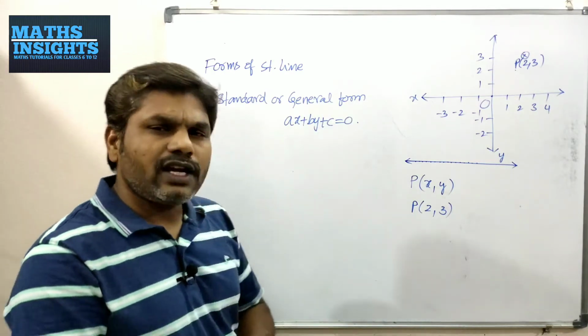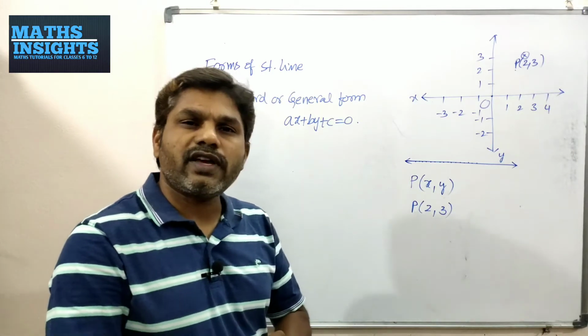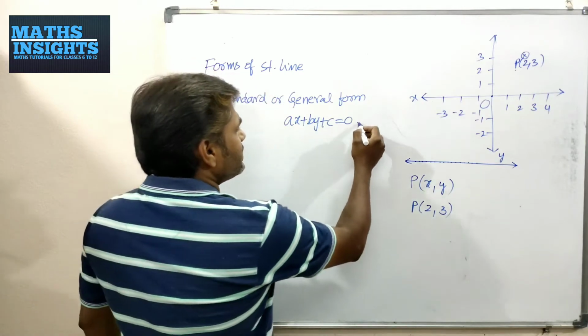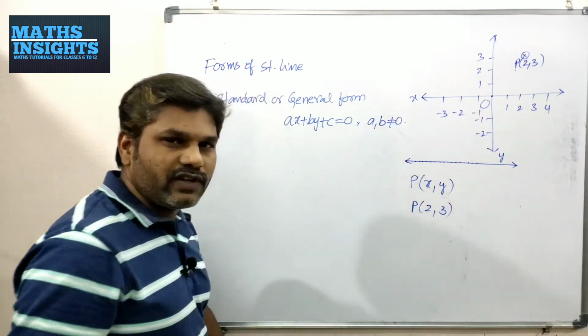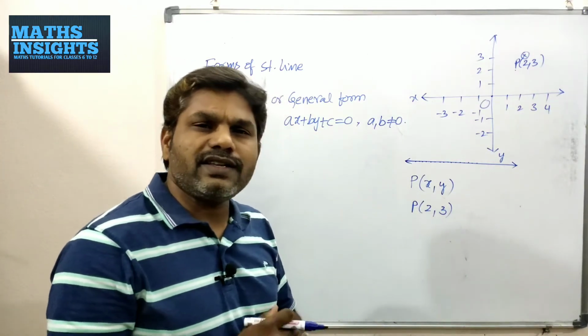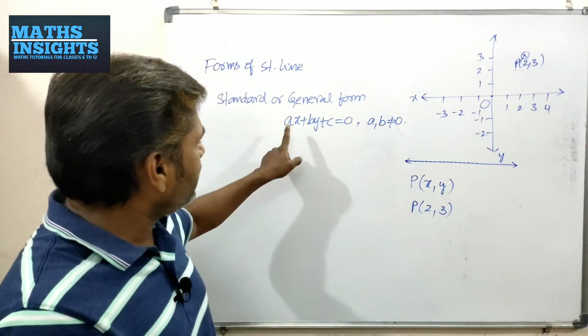Here a, b, c are constants and x, y are variables. These a, b should not be 0. If they become 0, then only a constant exists. That is not an equation of a straight line. That's why care should be taken.